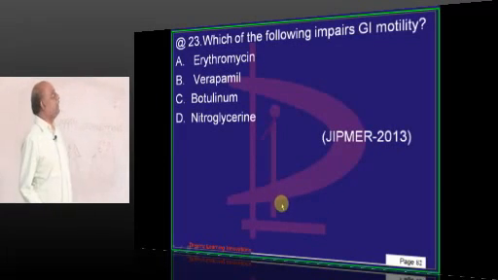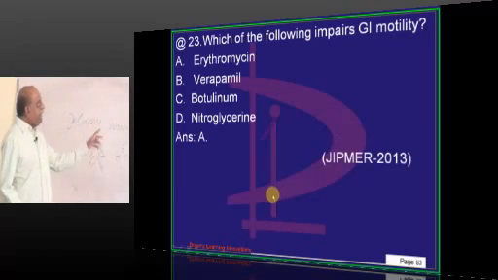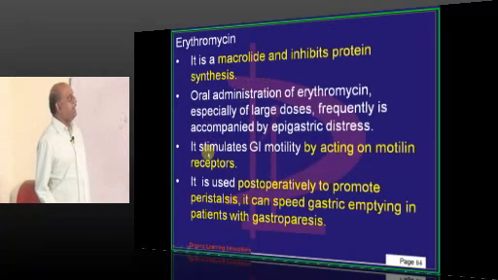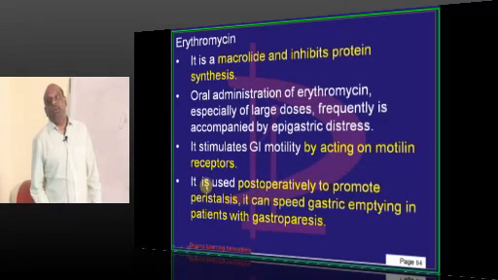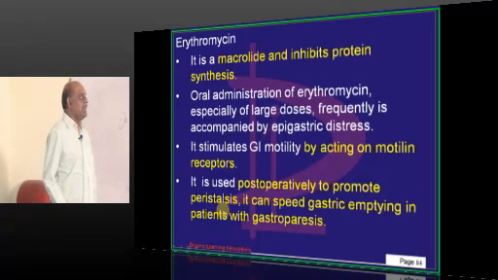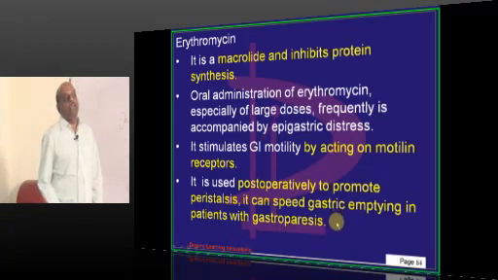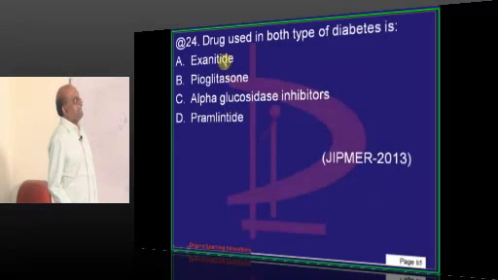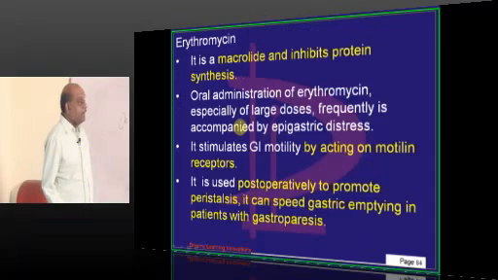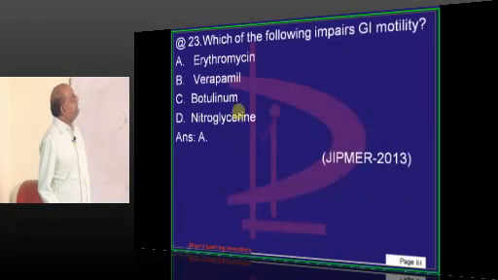PPI and clopidogrel. What impairs GI motility? Erythromycin is the macrolide. It acts on motilin receptors, and postoperatively it is used to promote peristalsis and it can speed gastric emptying. Verapamil can lead to constipation.